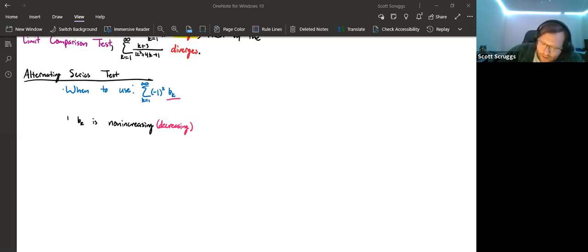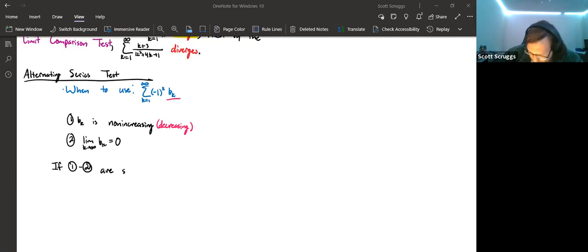And the second condition we need to check is that if I take that limit, it goes to 0. If conditions 1 and 2 are satisfied, then what the alternating series test says is my series will converge.